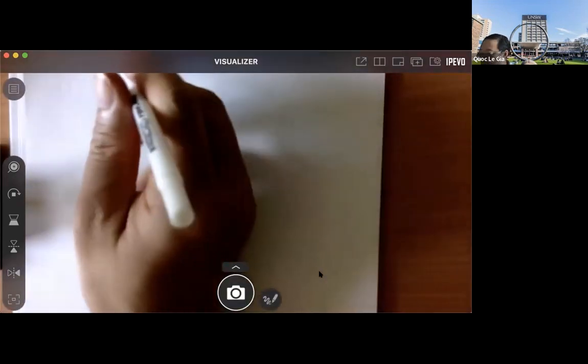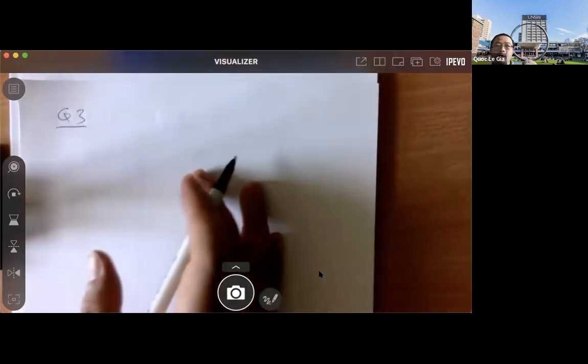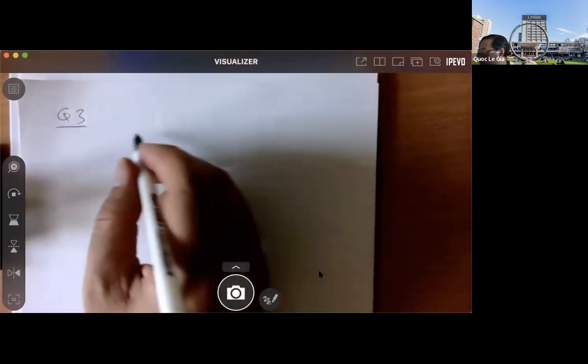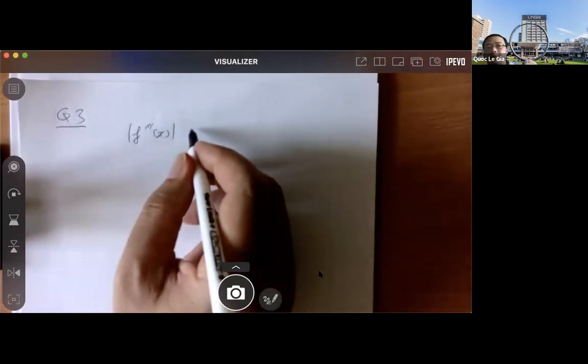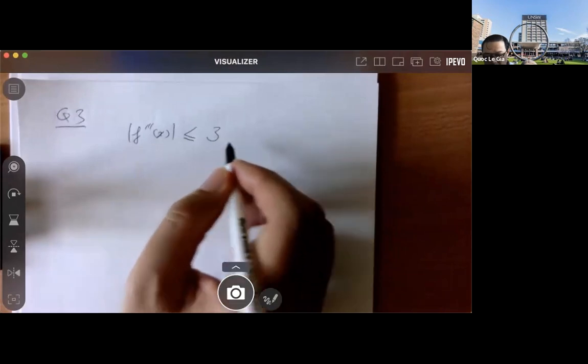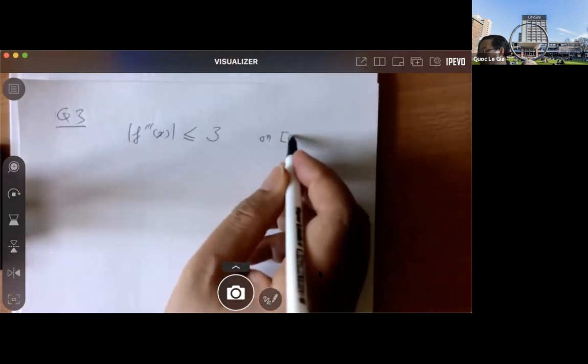Now suppose I have a function where I know the third derivative is bounded above by 3 on the interval 0, 2.